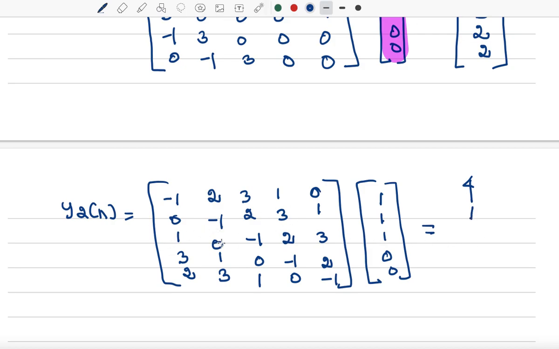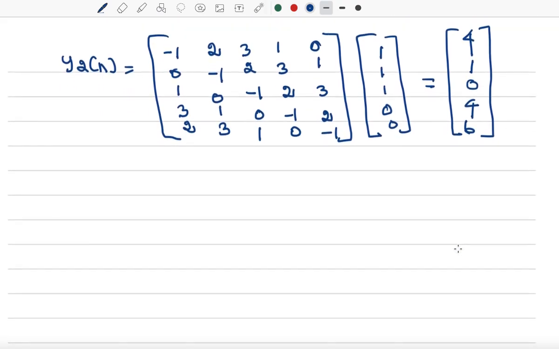Then 1, 0 minus 1, that is 0. Then 3 plus 1, 0, 0, so that is 4. Then 2 plus 3 plus 1, 0, 0, that is 6. So this is y2 of n.